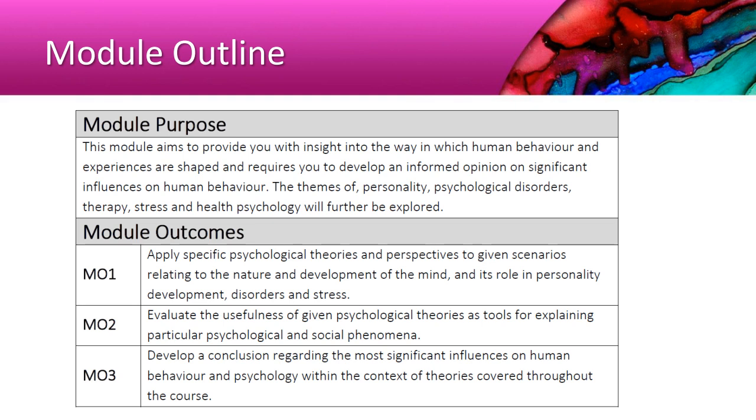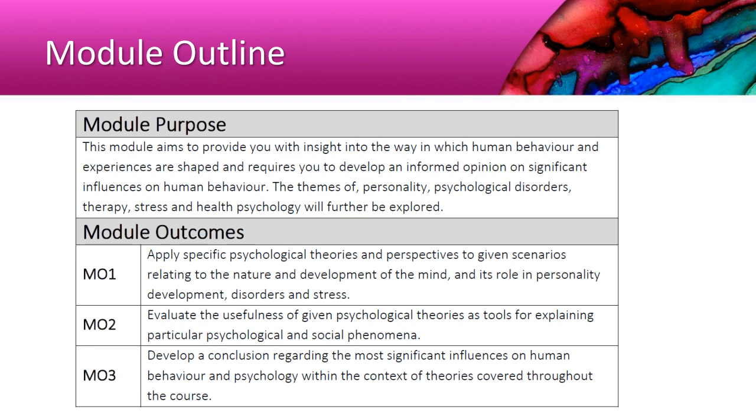So they're really interesting learning units, and hopefully you will enjoy it maybe more than you might have enjoyed the first module. So the specific outcomes of this module, and this means that at the end of the module, these are the things that you should be able to do. You should be able to apply specific psychological theories and perspectives to given scenarios relating to the nature and development of the mind and its role in personality development, disorders, and stress.